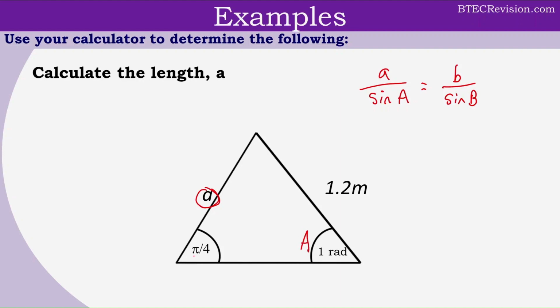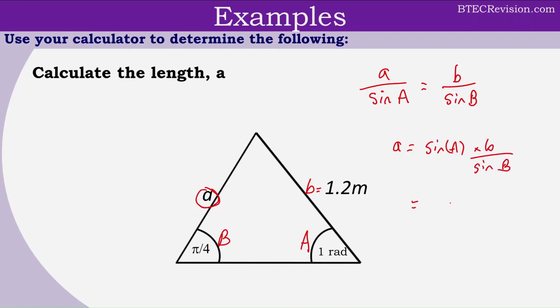And for example, let's take the angle pi over 4 to be capital B, the angle. That means the opposite length has to be the length b, lowercase. Now we can rearrange the equation for a, so that gives us a equals sine a times b over sine b.